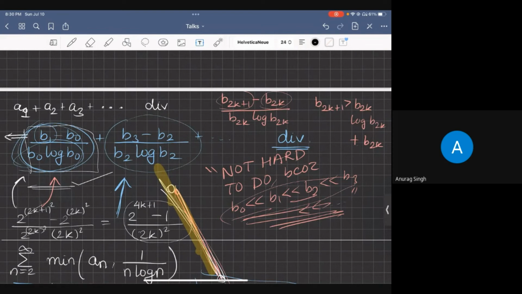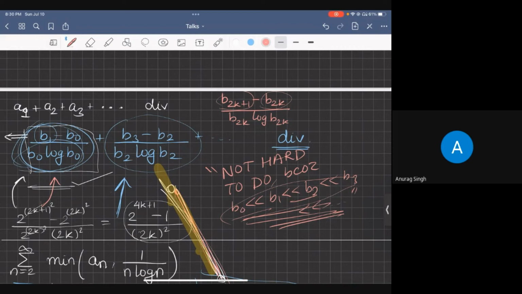You're trying to make Bn some kind of linear. Linear would not work, right? I mean, if it's a kind of linear function, it diverges 1 by x log x and then we just sum it.